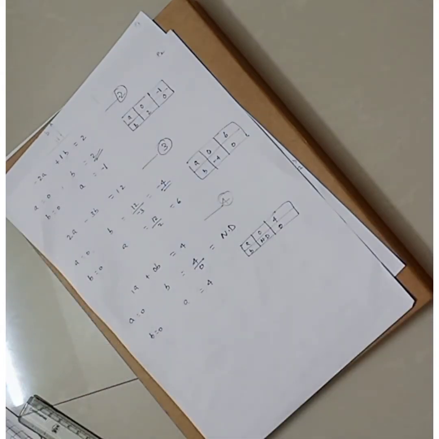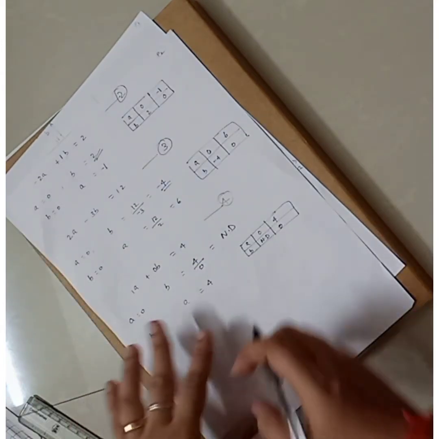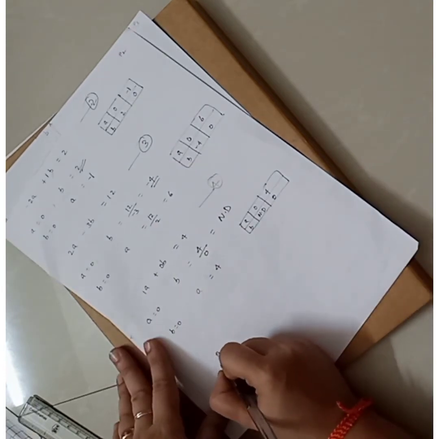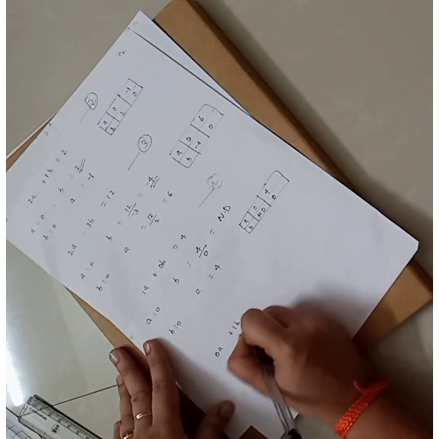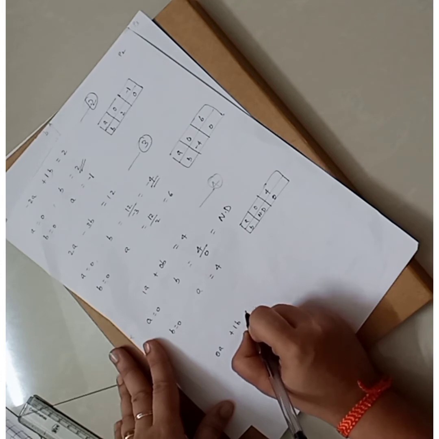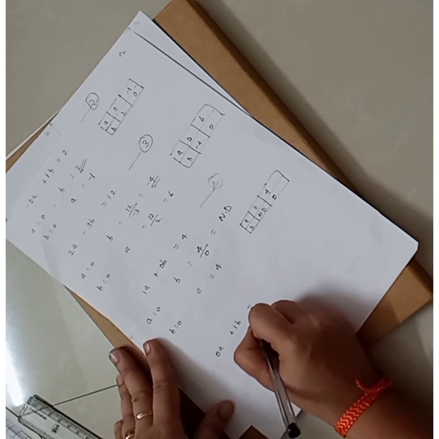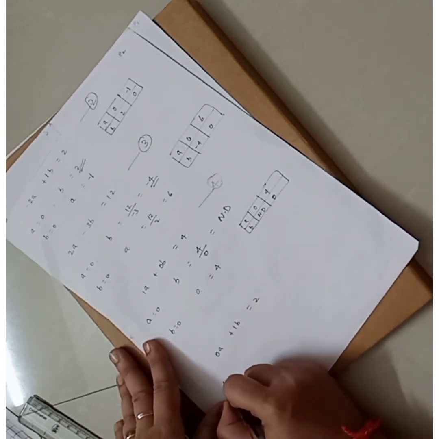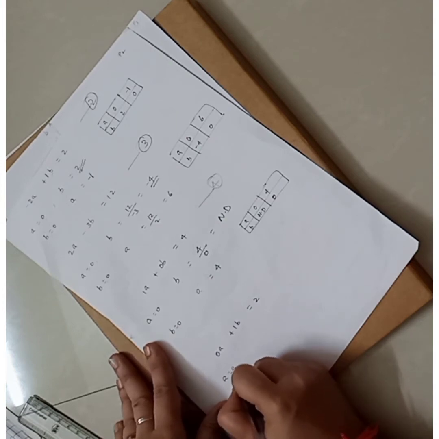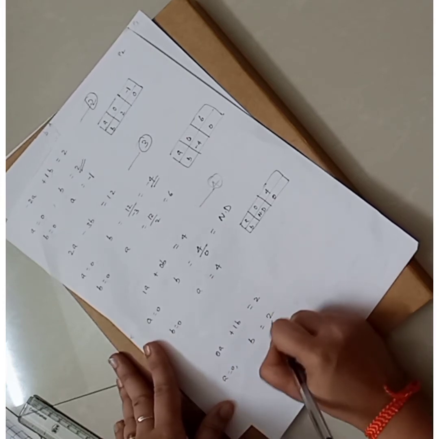Then the next is the fifth constraint. The fifth constraint is 0a plus 1b is greater than or equal to 2. So I can put equal to 2. That means when a is equal to 0, b will be 2.